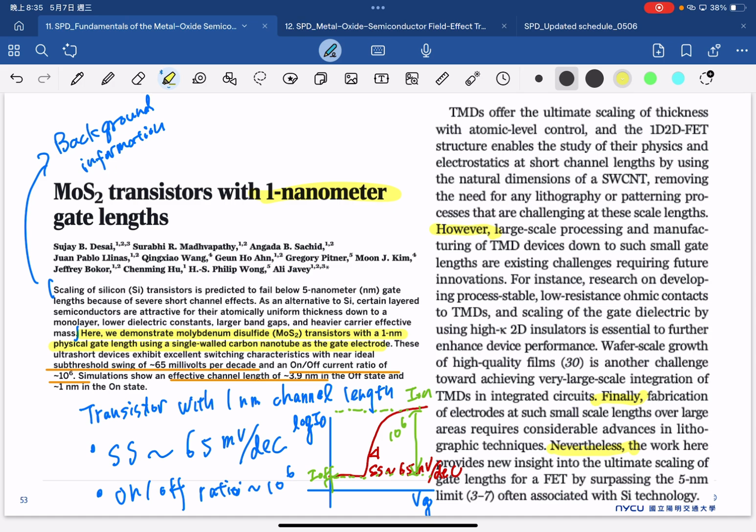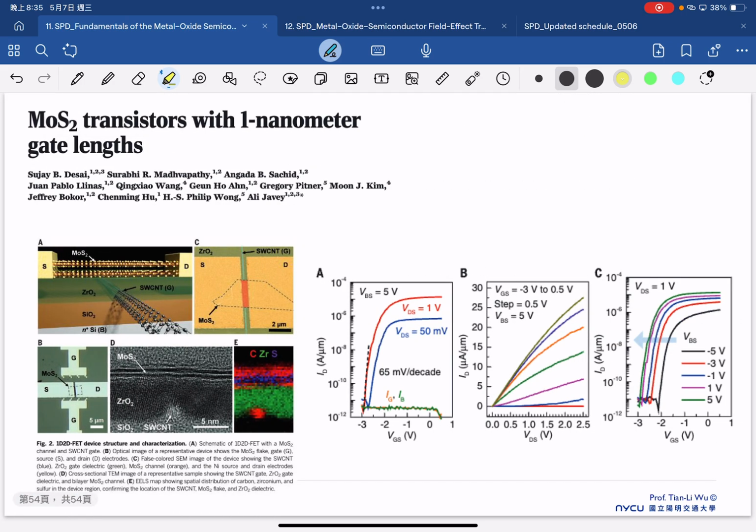So here are some characteristics of this 2D transistor with 1 nanometer channel length. But now you can see these are all the characteristics we have been lecturing on. This is log ID versus VG, and what we care about is the 60 millivolt per decade.